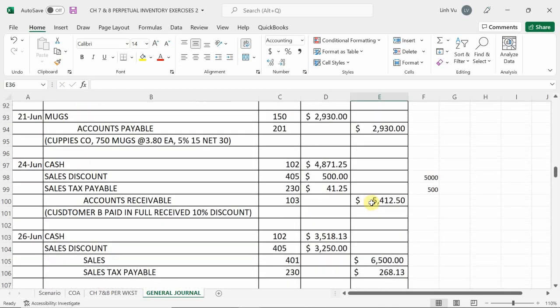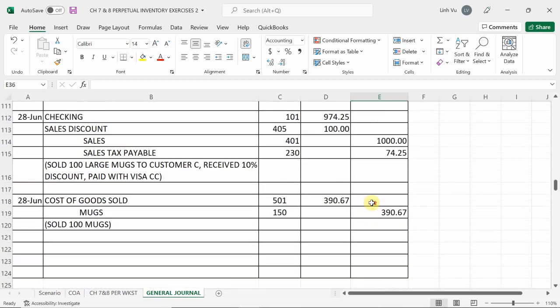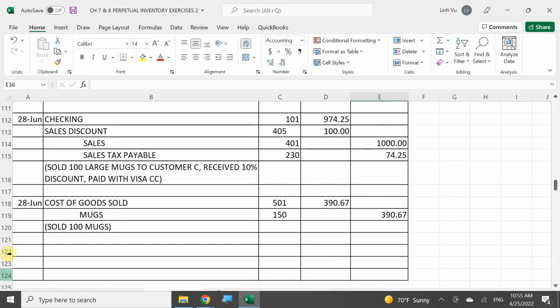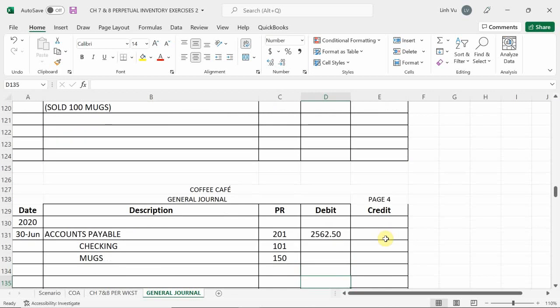So that should give us, let's see, that should give us a grand total of, let's do this again. Wait. Should give us a grand total of $2,562.50.